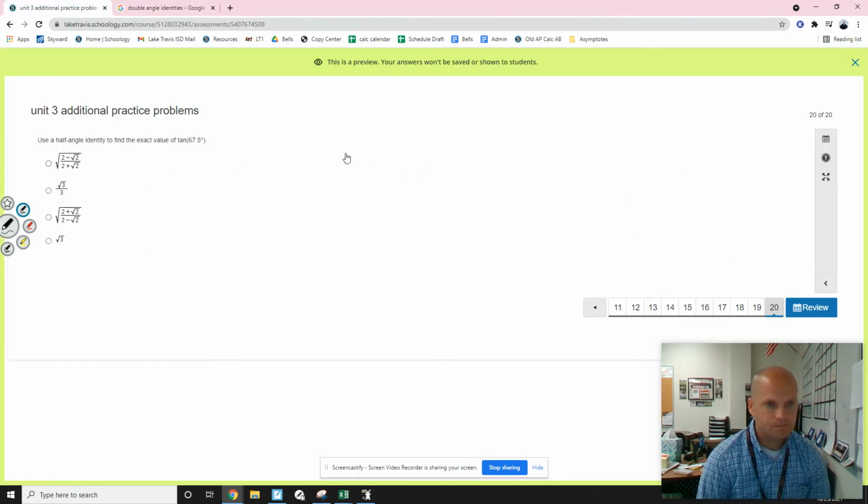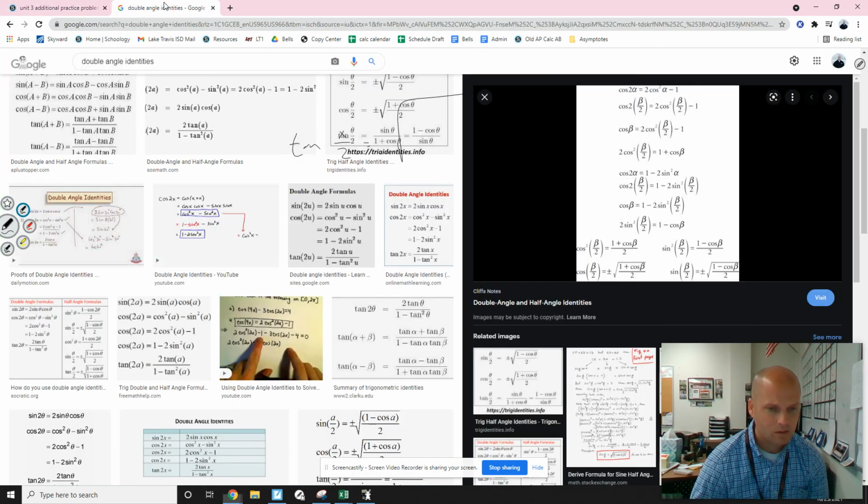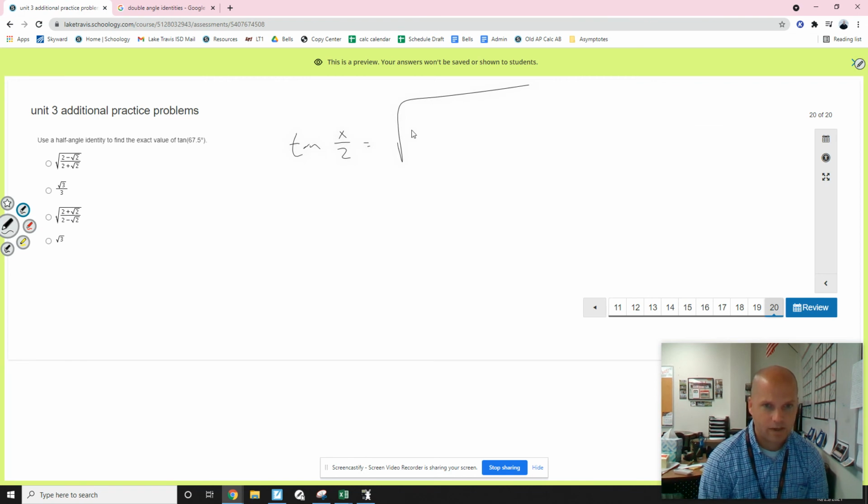All right, so tangent of x over 2 is square root. We still have the plus or minus? I think so. Yeah, we'll have to figure out the correct plus or minus. 1 minus cosine x over 1 plus cosine x.